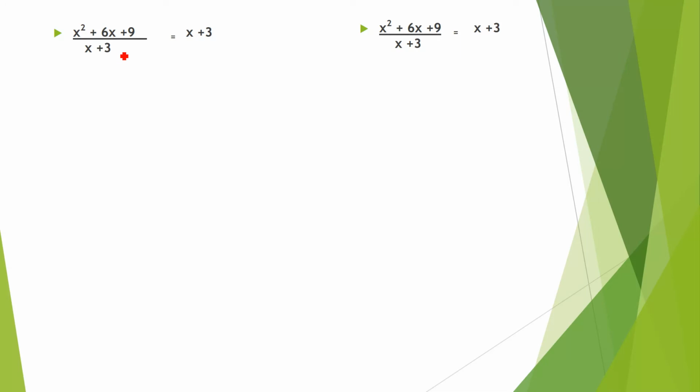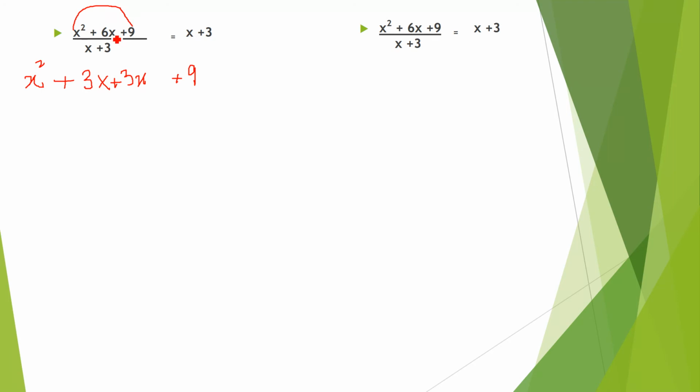First is the factorization. In factorization you have to multiply the first term with the last term. So it is 9x², right? Write down the first term as it is, the last term as it is. You have to split the center one, which is 6x, in such a way that when you add those two numbers you get 6x, and when you multiply you get 9x². Why 9x²? Because of this one.